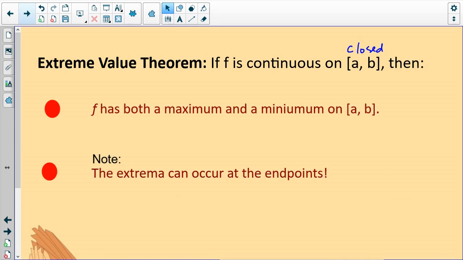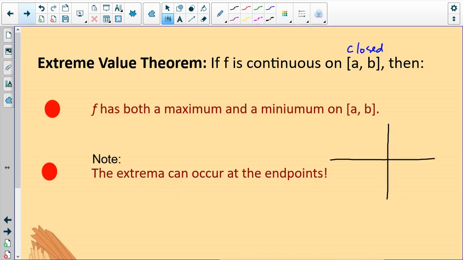So let's briefly talk about what this actually means. If we have some kind of function, and let's take a graph of the function. Say we have the graph of the function, and then here is the value a, and here is the value b.